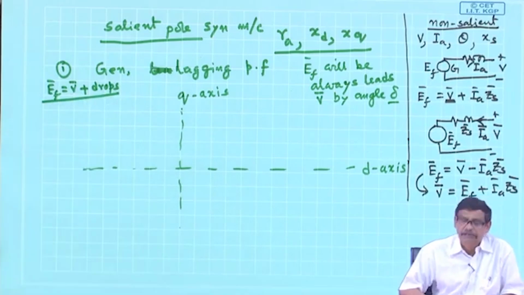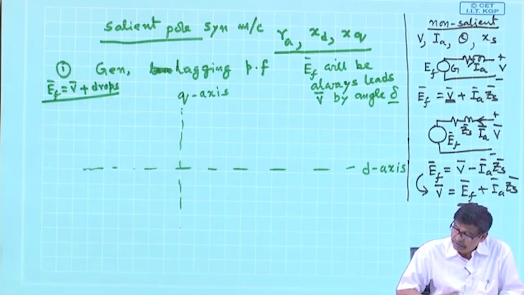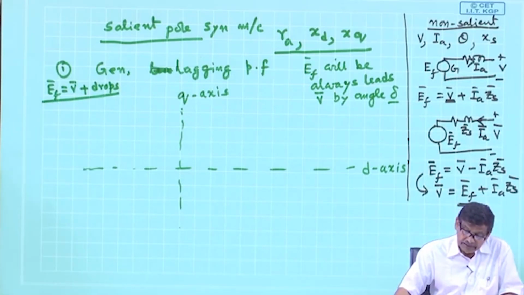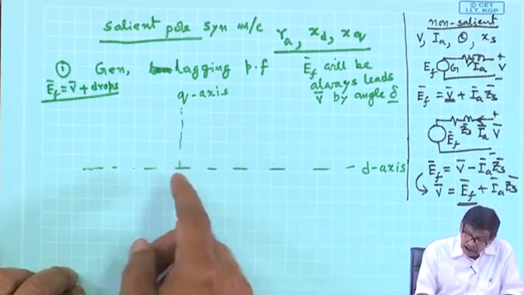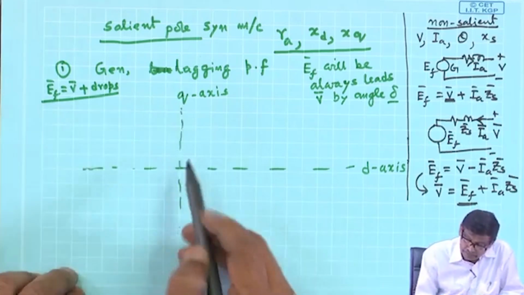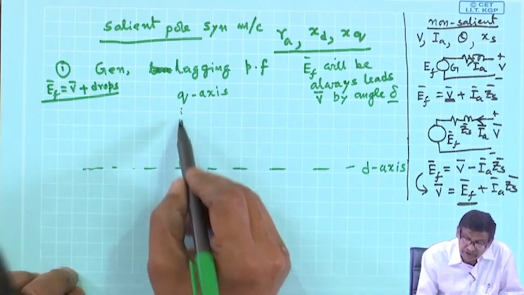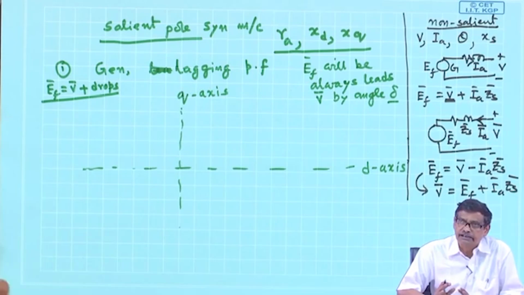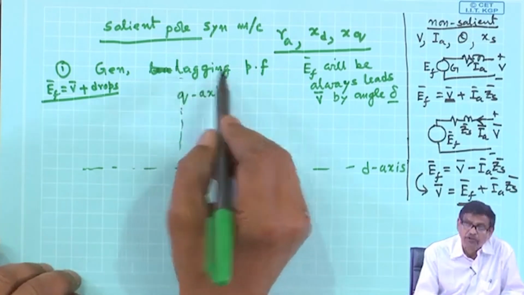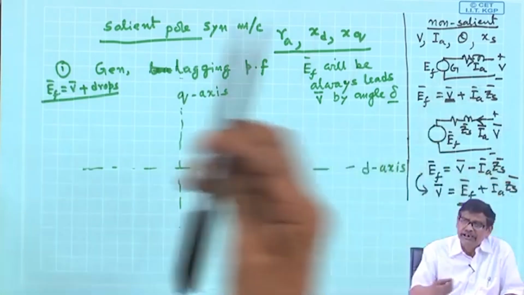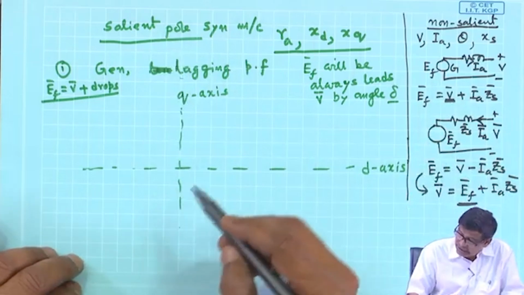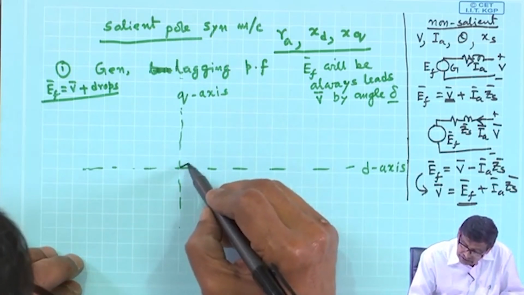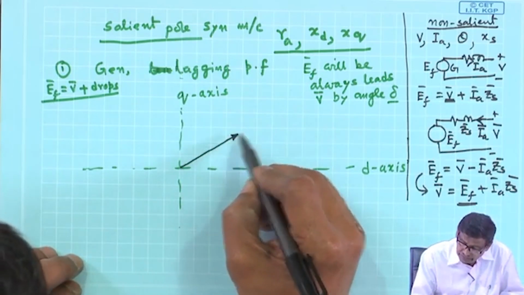Therefore, Ef must lie on this line. I do not know where it is now, but I am sure Ef is always along the q axis, this much I know, and I am considering lagging power factor. Therefore, the internal power factor angle psi will also be lagging, and I draw the armature current Ia, suppose.